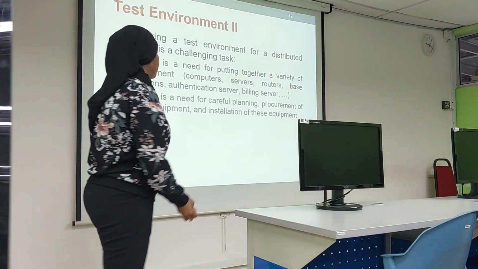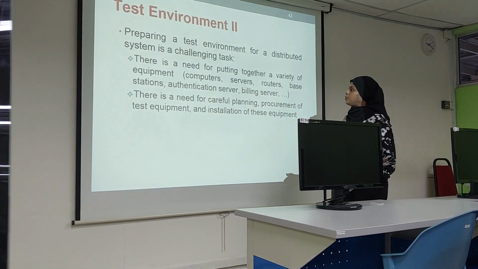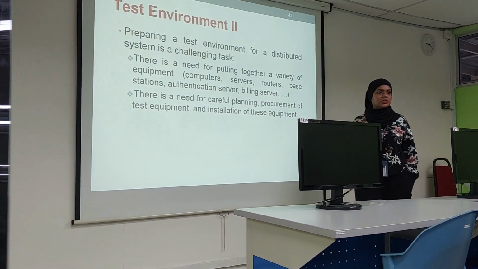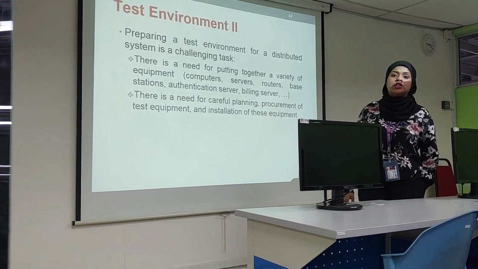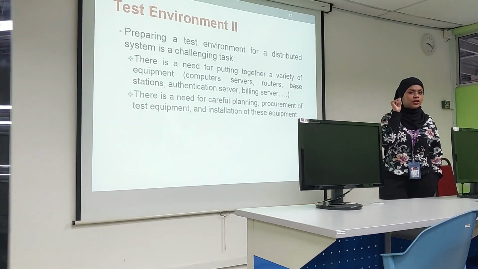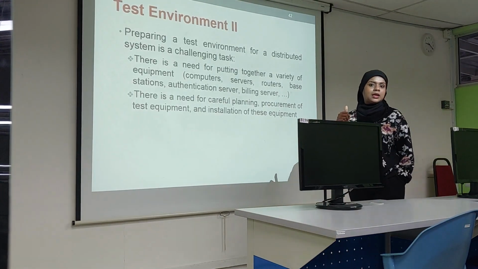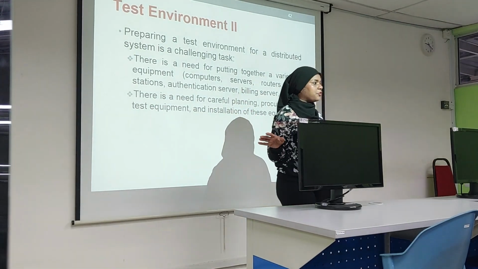Okay? So normally, the more complicated the system is, for example a distributed system, the more challenges there are in setting up the proper test environment. If we don't set up the test environment accordingly, of course our testing will have problems.